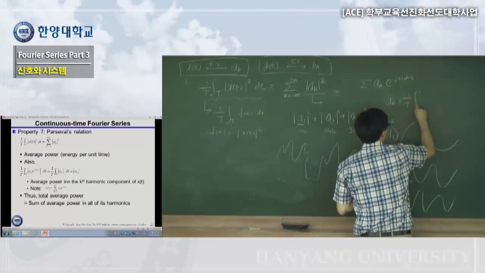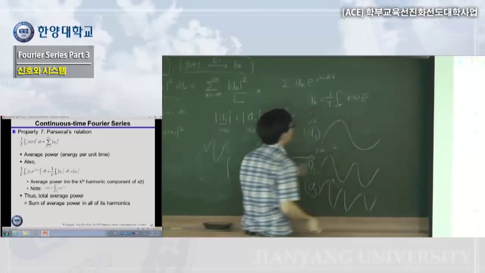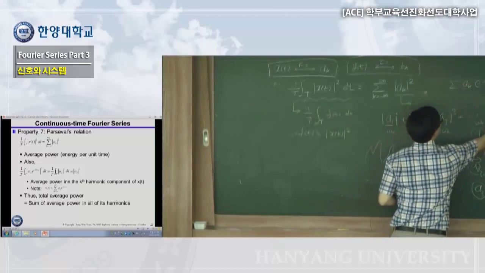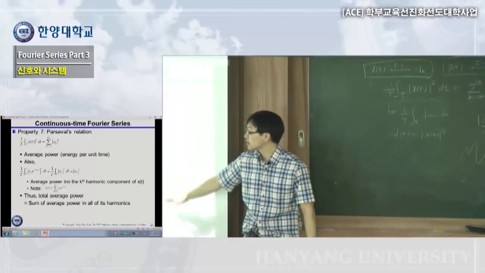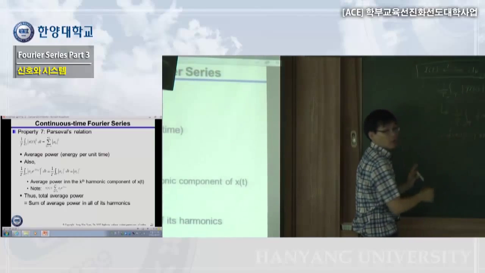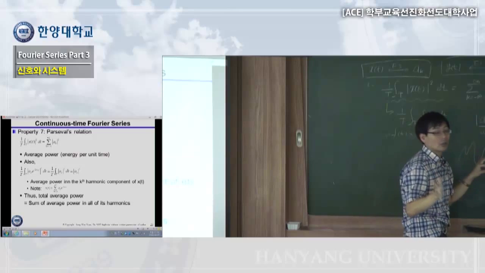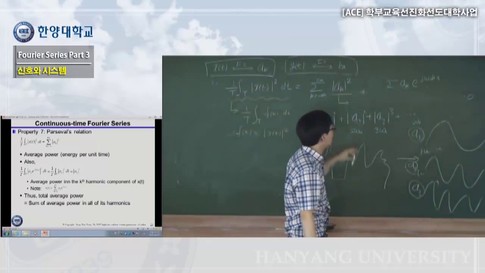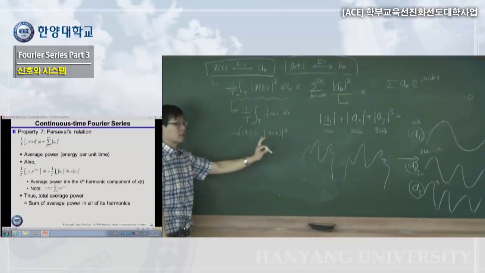Remember the exponential height? We already have the average over here, so we are not doing the average again. In short, like the last sentence, the total average power of the signal is the same as the summation of the average power in each component, which is physically right.